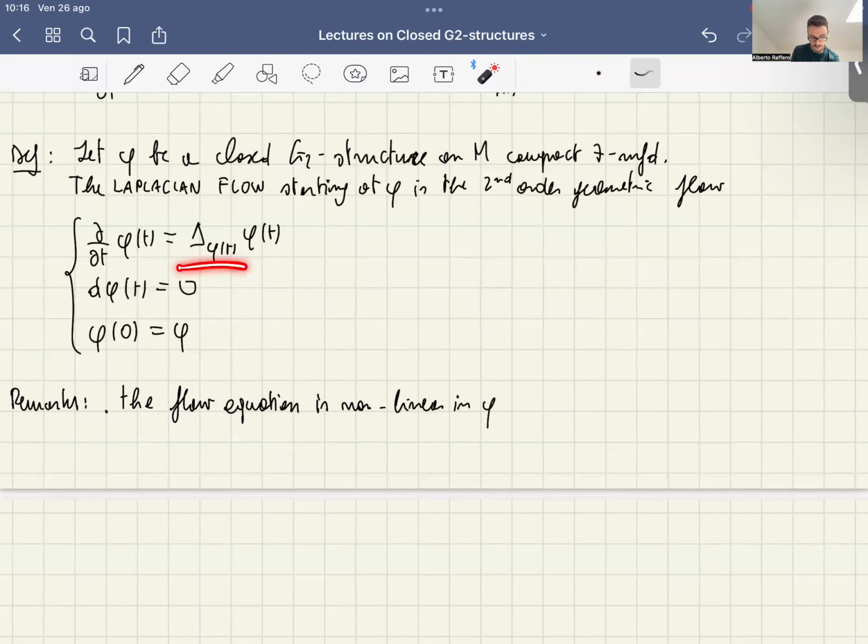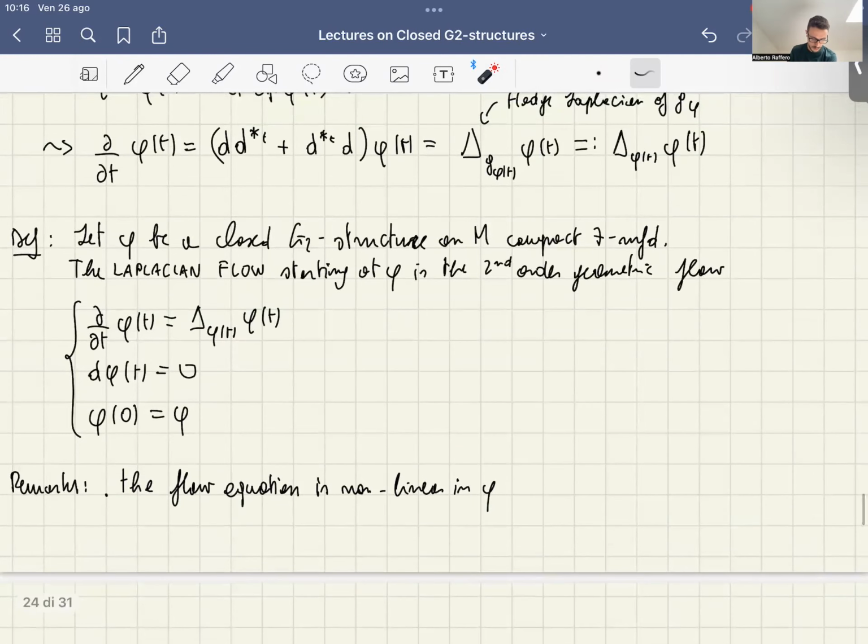And this is because, again, for a similar reason as in the case of torsion-free G2 structures, here you have the Hodge Laplacian, which has this expression here, and it depends on the metric induced by the three-form. And so this gives something that is nonlinear in phi.